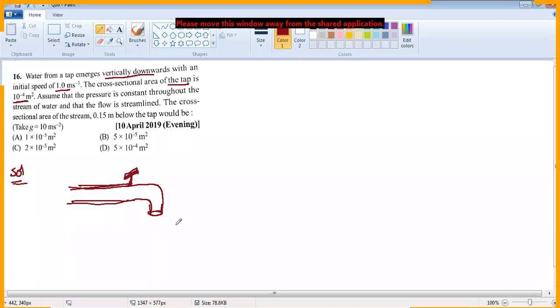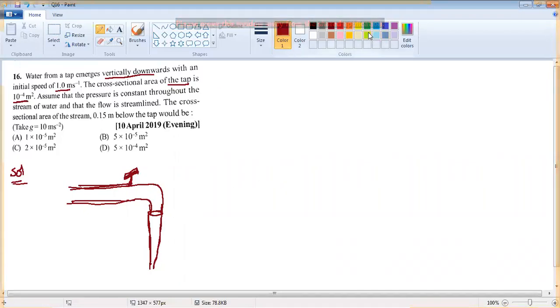From this tap the water is flowing. But do you observe that while coming down, the cross section of the water stream gradually decreases? It's not the same as at the beginning.